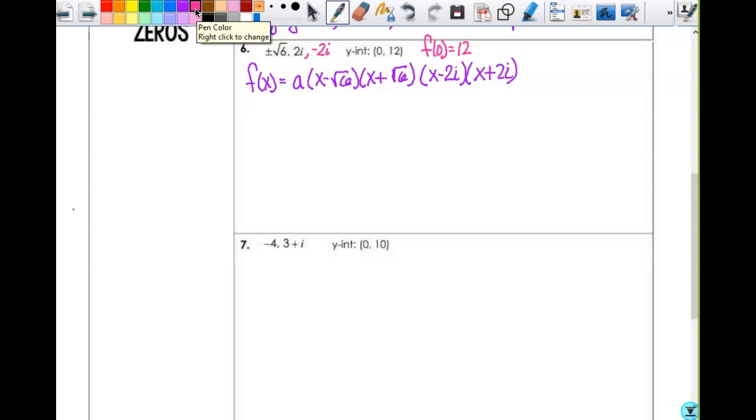So in this case, we're just plopping them in those little binomials, and since we have the plus or minus, the signs are pretty hard to mess up at this point. So now that I have that, I'm going to use my y-intercept. So when y is 12, x is 0, so this will be a times negative square root of 6 times positive square root of 6 times negative 2i times positive 2i.